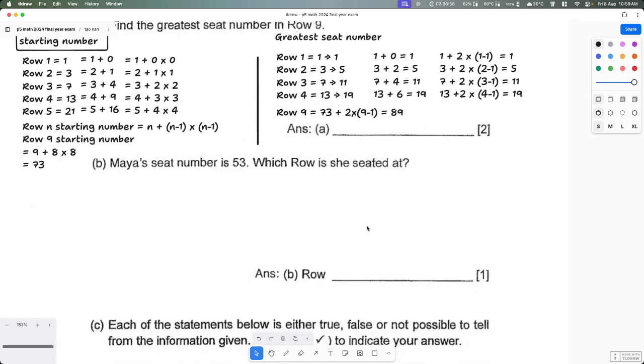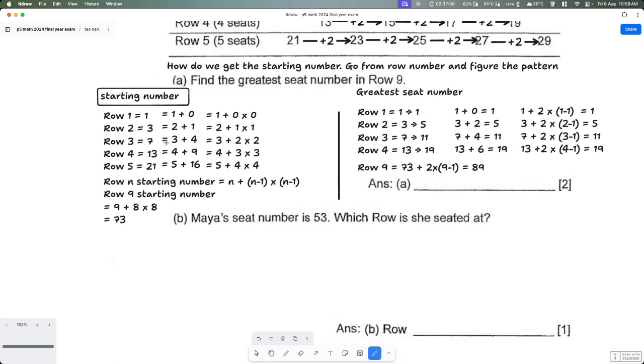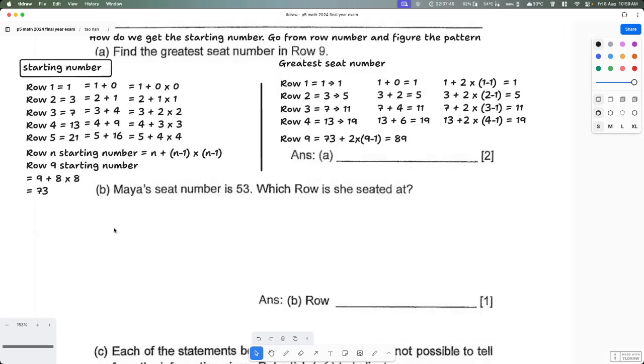Okay, Maya's seat number is 53. Which row is she seated at? Okay, so we want to know 53, where is she at? Okay, so let's go to the starting number over here. We can honestly just guess and check from this onwards.